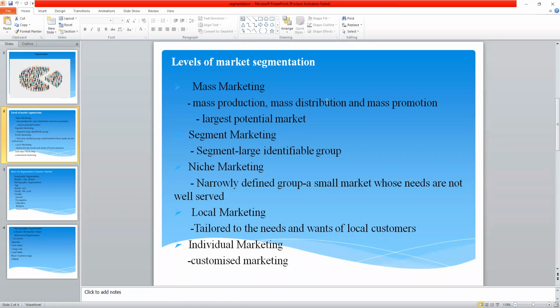All of them are the target customers for the companies here. That's why we say it is mass marketing. So the focus of mass marketing is where the seller engages in mass production, mass distribution, and mass promotion of the offerings or the products for all the buyers.